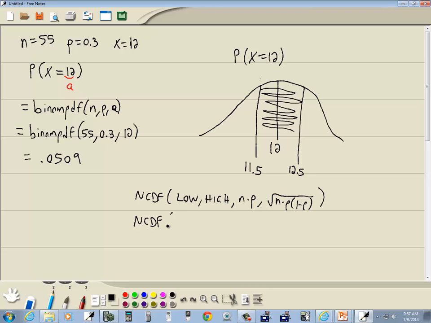Okay, so we'll do normalcdf. Low was 11.5, and we're looking at the shading area. High is 12.5. Mean is n times p, 55 times 0.3, comma, square root of n, which is 55, times p, which is 0.3, times 1 minus 0.3. So let's see what that gives us.